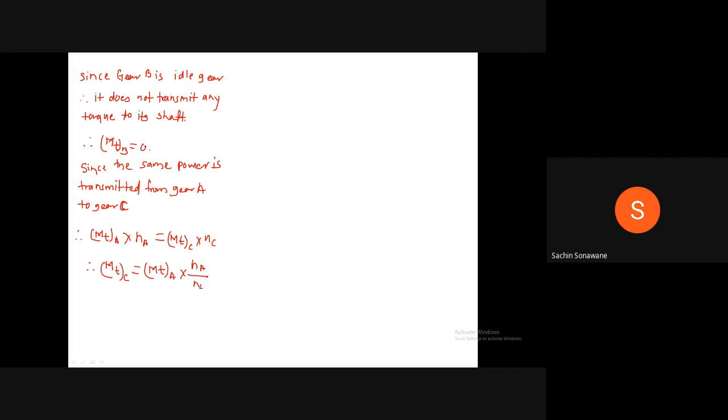Now, this NA upon NC, how will we substitute? We know the gear ratio: NA upon NC is equal to ZC upon ZA. Therefore, substitute this value here. We'll get MTC, or torque transmitted by gear C, is equal to MTA into ZC upon ZA.